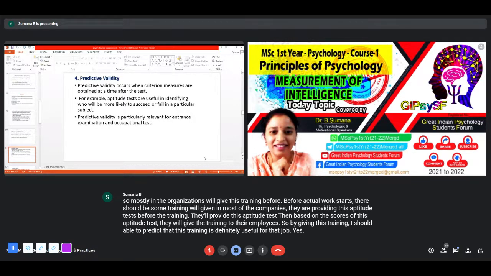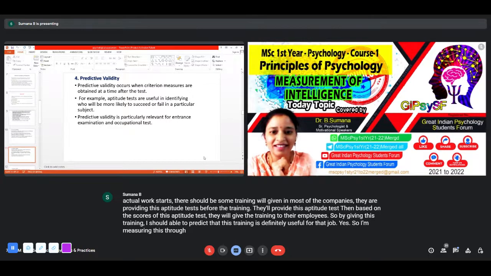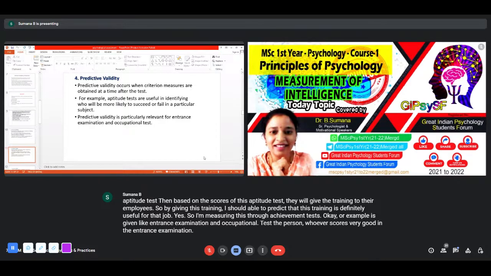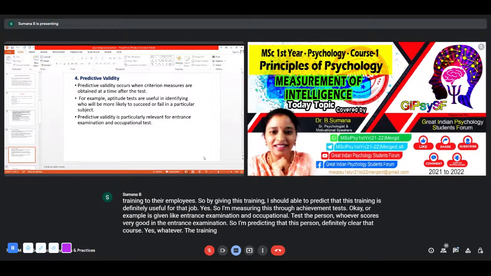I am measuring this through achievement tests. An example given is an entrance examination and an occupational test. Whoever scores very well in the entrance examination, I predict that this person will definitely clear that course. Whatever training I'm giving definitely enhances his performance in the job environment.